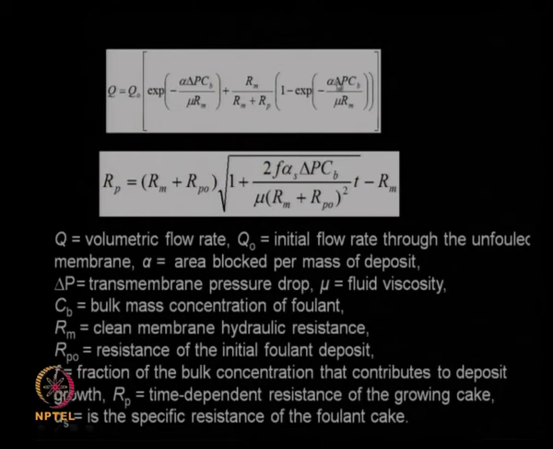Alpha is the area blocked per mass of deposit, delta P is the transmembrane pressure drop, mu is your fluid viscosity, Cb is the bulk mass concentration of foulant, Rm is your clean membrane hydraulic resistance, Rp naught is the resistance of the initial foulant deposit, F is your fraction of the bulk concentration that contributes to deposit growth, Rp is the time dependent resistance of the growing cake, and alpha S is the specific resistance of the foulant cake.